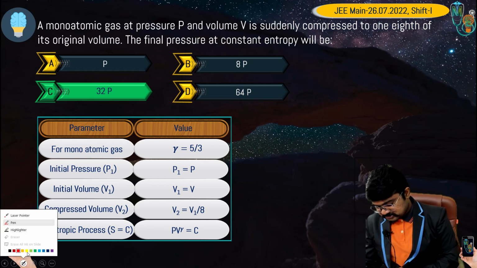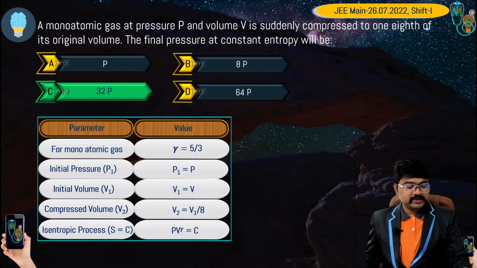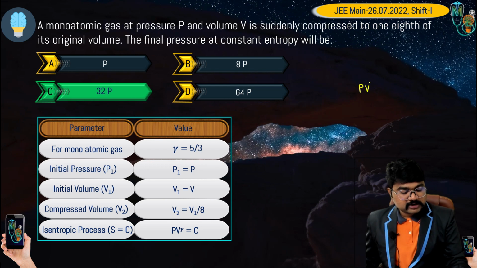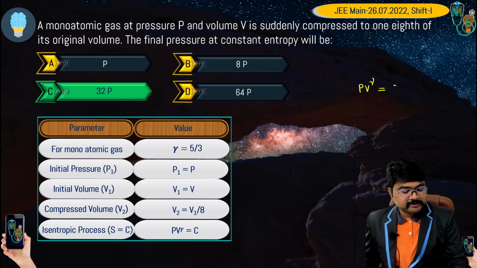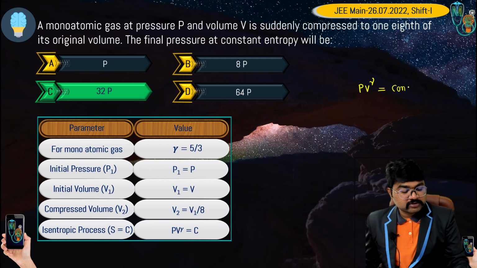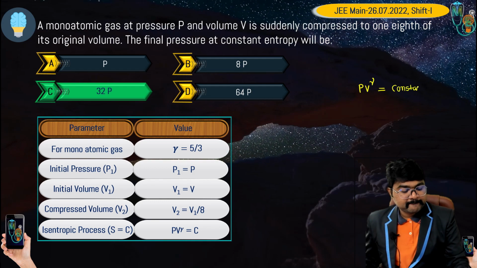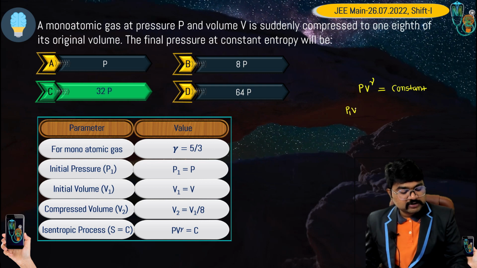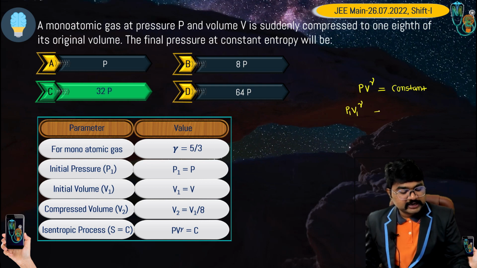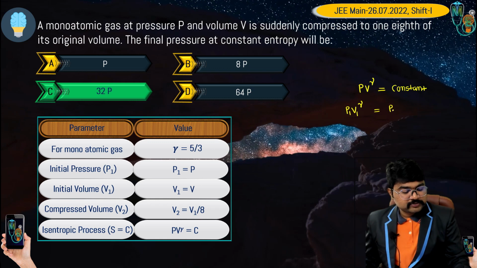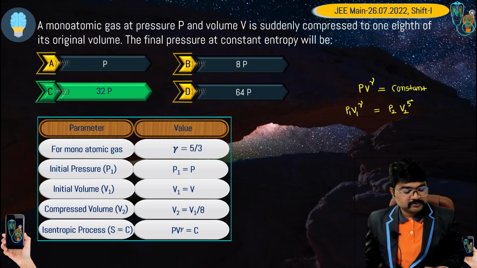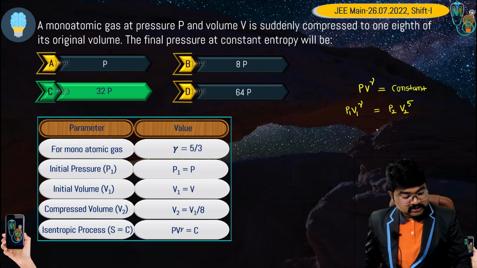What we did: an isentropic process means PV power gamma equal to constant. Then P1 V1 power gamma, you can write it as P2 V2 power gamma.